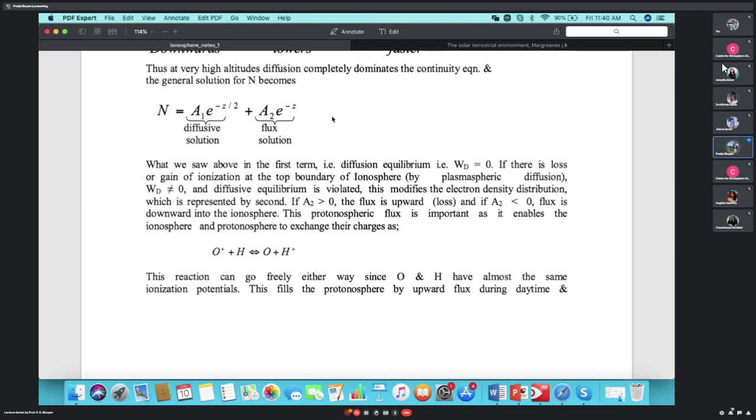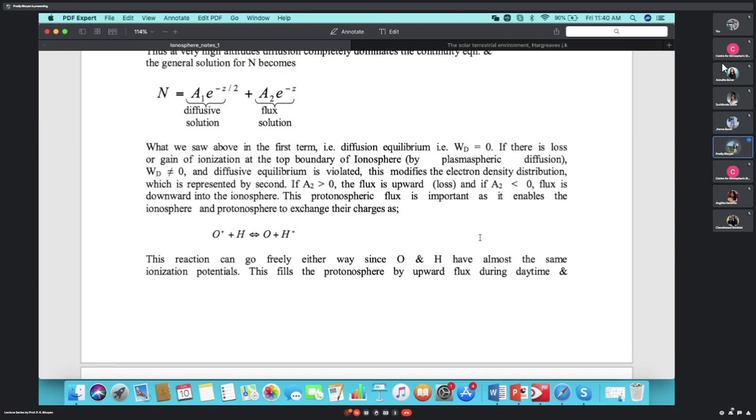More than production and loss, diffusion or diffusive equilibrium will be the primary process which will control your ionization level at very high altitudes. Okay. So then your flux is also there.